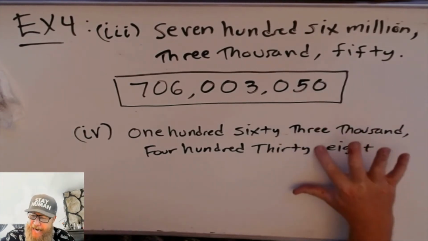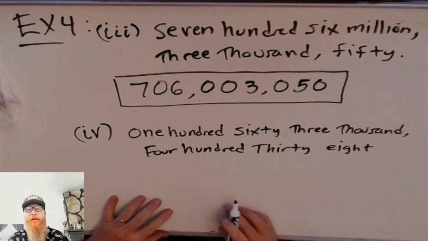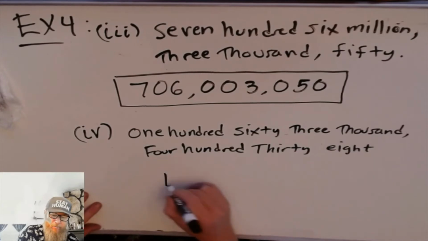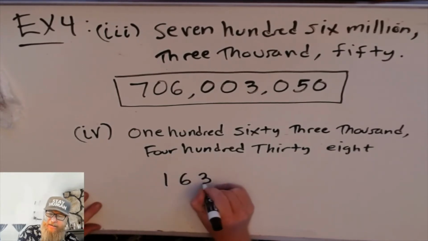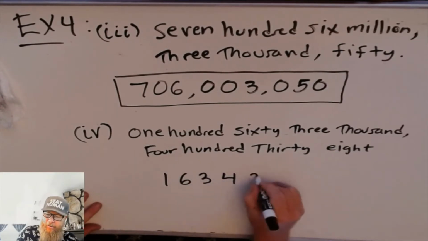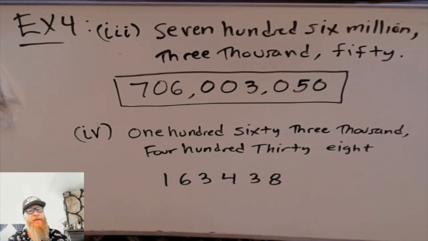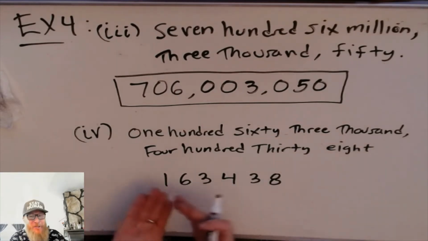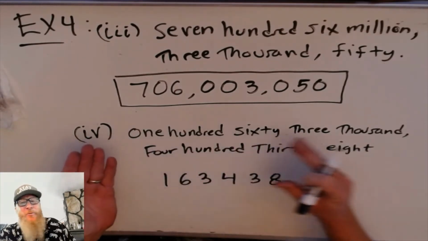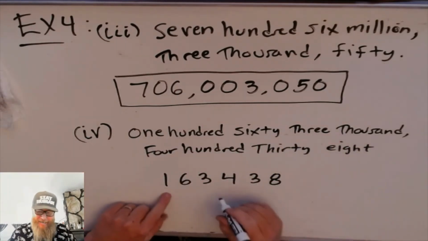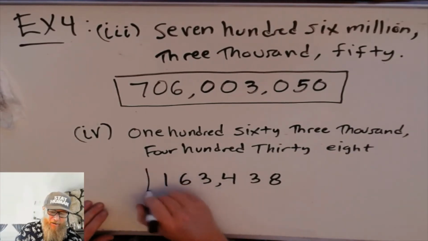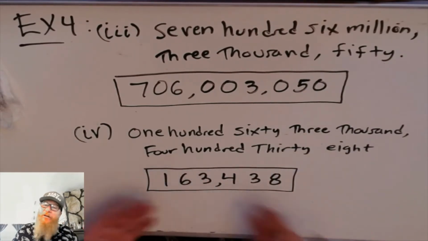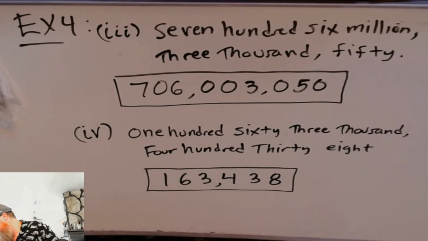Even without these dashes, this number would still mean the same thing. Okay. So 163,438. Isn't it nice when there's no missing digits? When there's no missing digits, you can literally just read the numbers and write it down, and then put a comma if you want, or not. If you don't put the comma, it's still going to be correct.